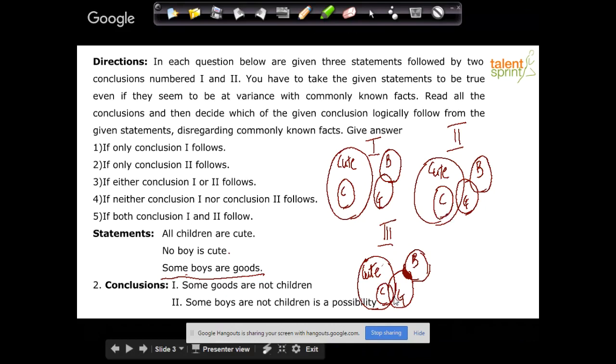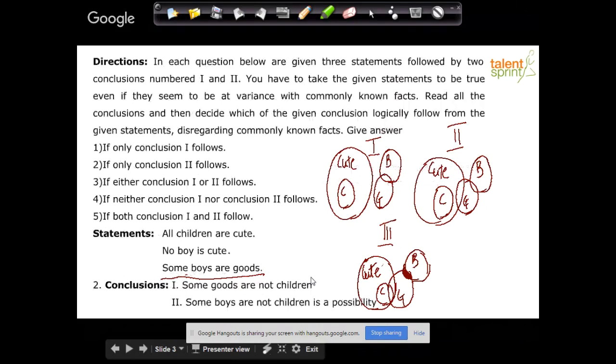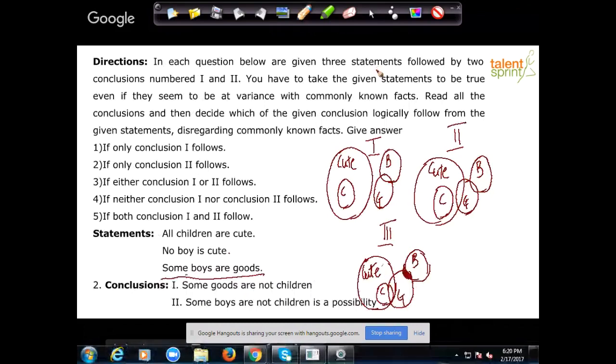But in the third case, there is a clear overlapping happening between goods and children. And we know that some goods are actually children from this situation. Therefore, we can conclude that this conclusion does not follow because some goods are actually children. Therefore, conclusion 1 does not follow.